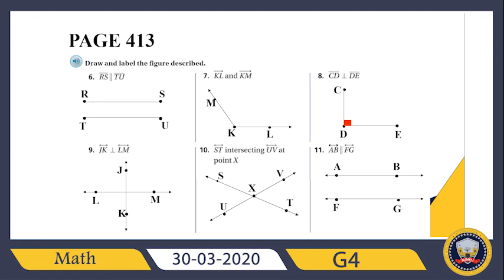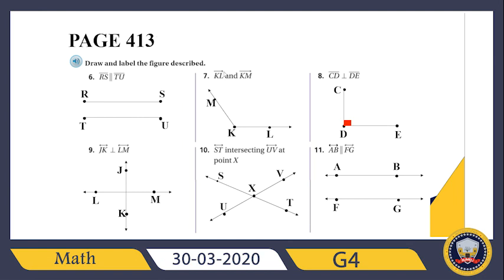So I'll draw a line segment which is called RS, and if I want to draw another line segment parallel to line segment RS, I need to draw TU like this, right? Because I know parallel lines never intersect and this distance will always be the same.